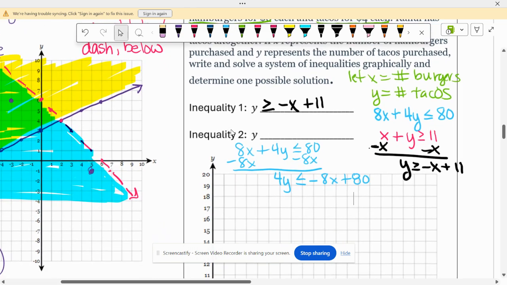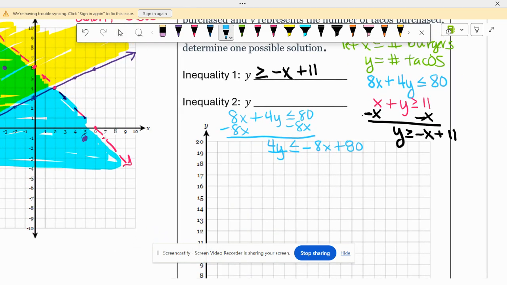Divide every single term by 4. So Y is less than or equal to negative 2X plus 20.